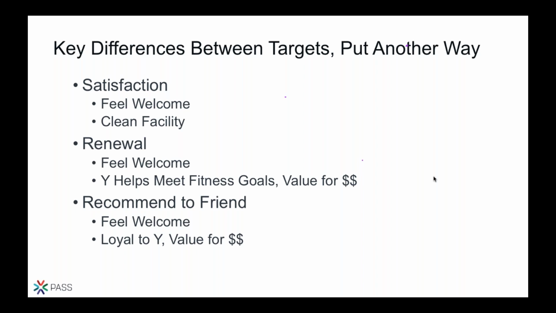When you hear people say, we need to let the data speak, make the data tell us stories, well, in this case, the data was telling stories. The decision trees teased out of the data by the algorithm without us guiding the trees, just organically, the trees themselves determined satisfaction rules, renewal rules, and recommend to a friend rules.